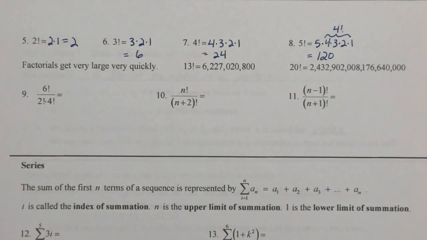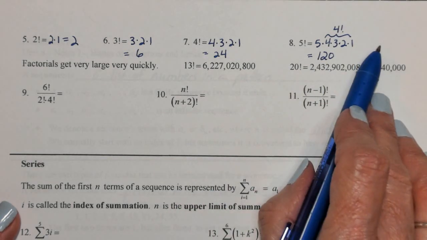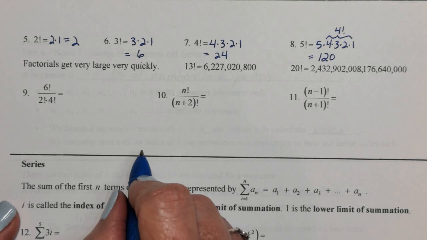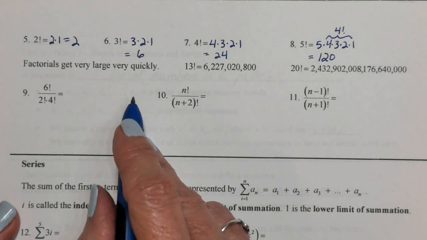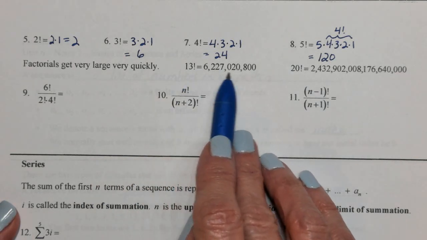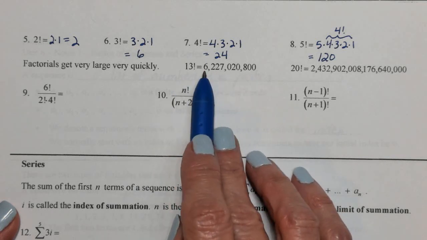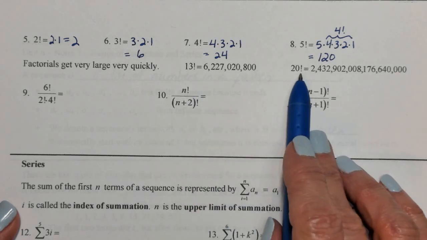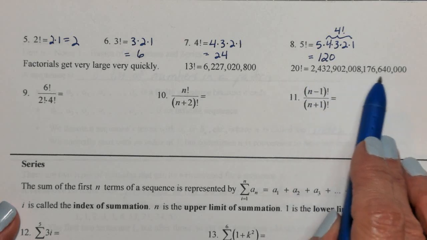We use factorials in calculus a bit, so I have these memorized. I have the next one memorized too. 6 factorial is 720. I have that memorized as well. So factorials get large very, very quickly. 13 factorial is this. We're only at 13, and we are at 6 billion something. 20 factorial is this number.